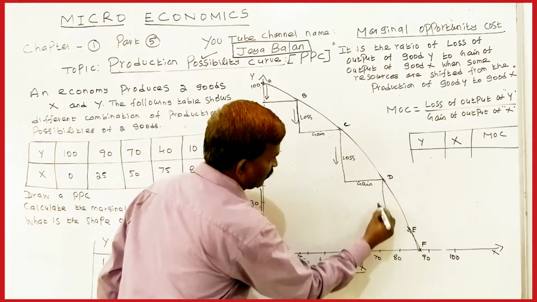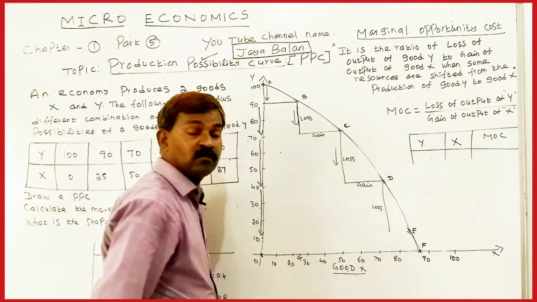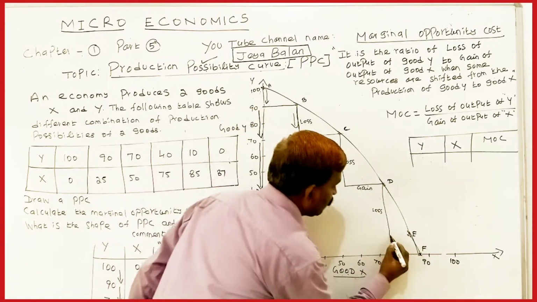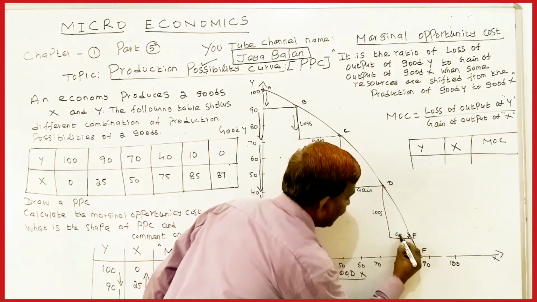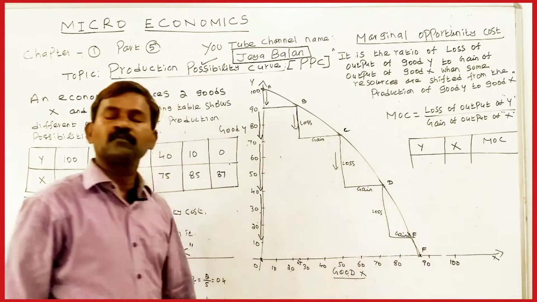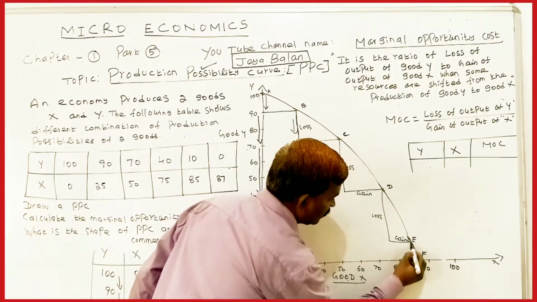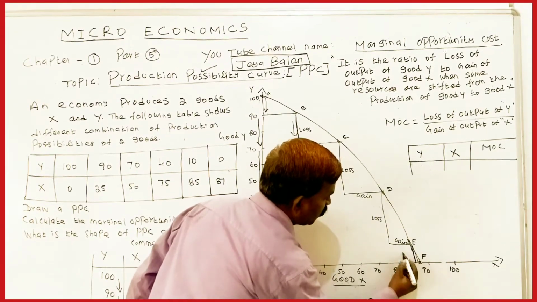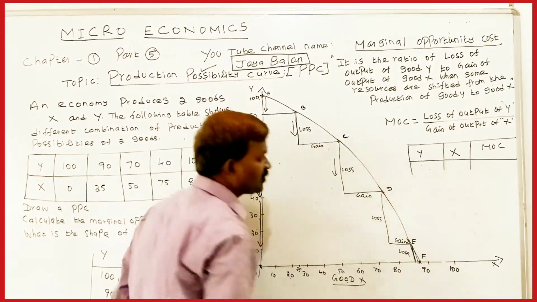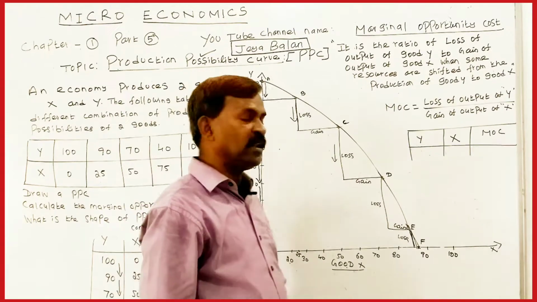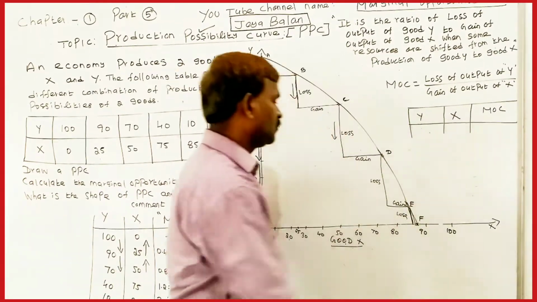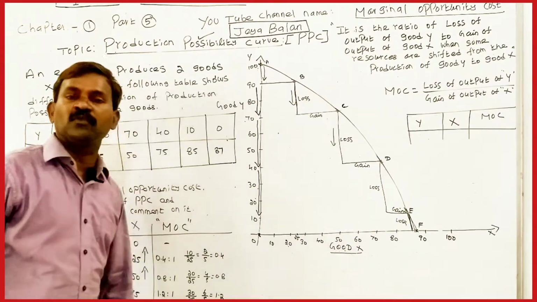This is the loss in the output of good Y. For that, this is the gain in the output of good X. Again, this is the loss in the output of good Y and this is the gain in the output of good X.